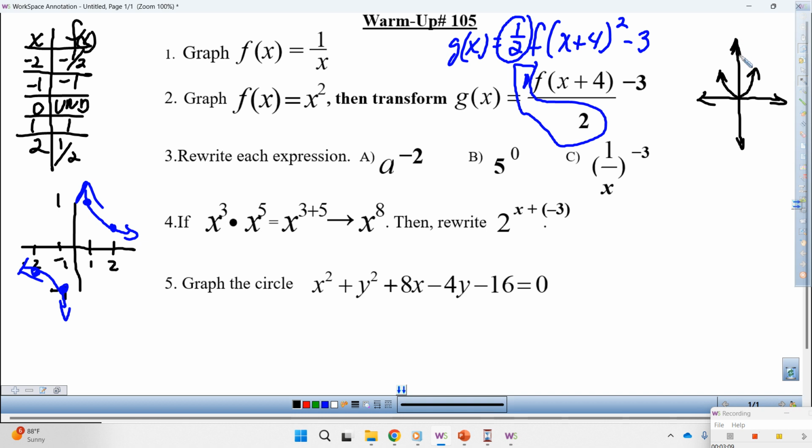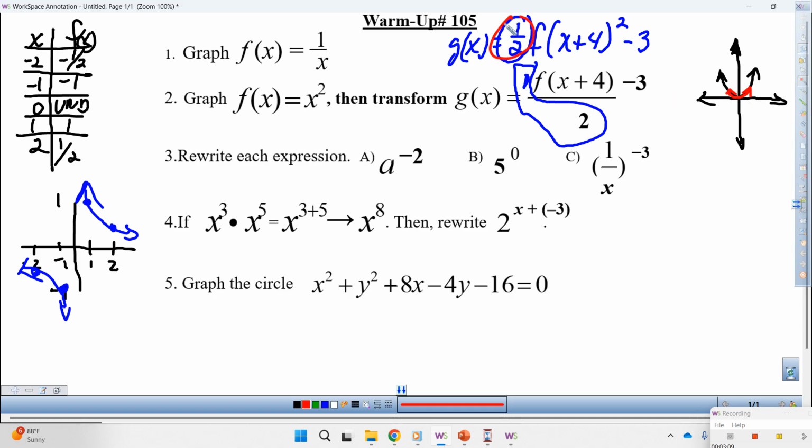Joseph, pass someone. Mario, what does that do to the entire function? The flip is the negative. This is a half. Compressive, yes. So let's make it a little bit smaller right there.